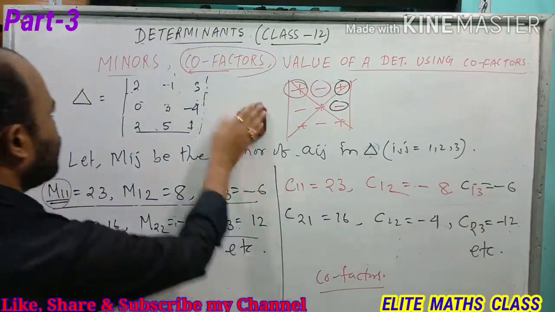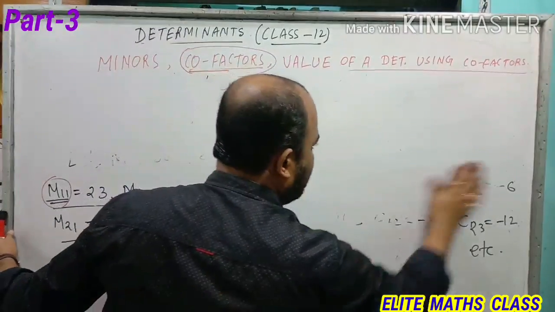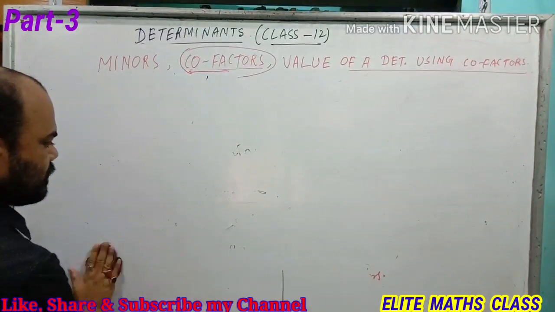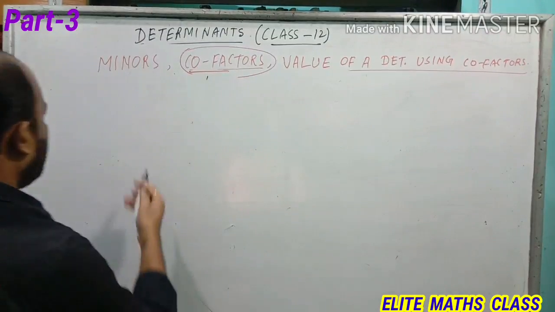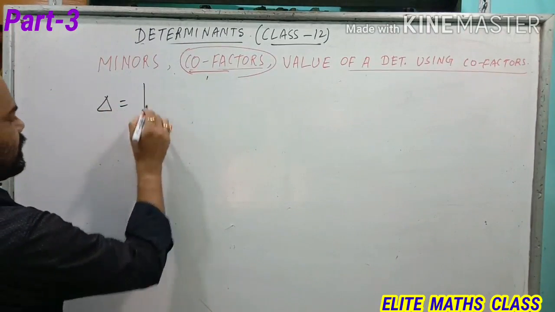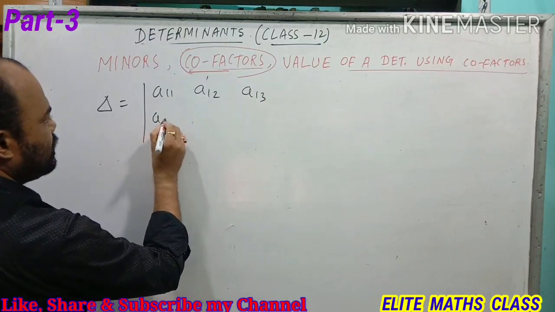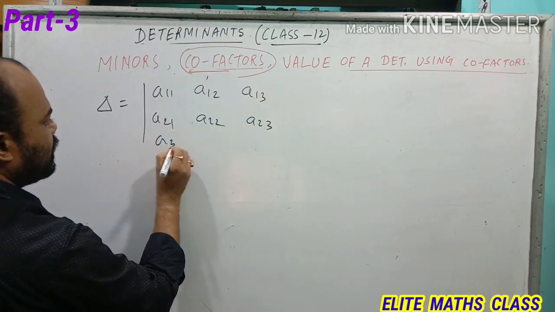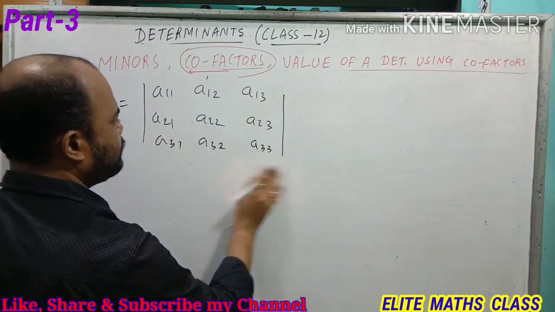Now see the last one, how to find the value of a determinant using cofactors. This is the very simple one. Here I am just showing the general formula. Let us take del equal to the general form A11, A12, A13, A21, A22, A23, A31, A32, A33.